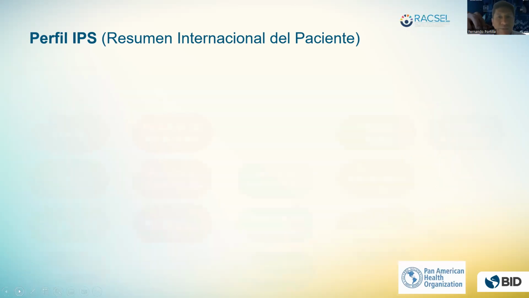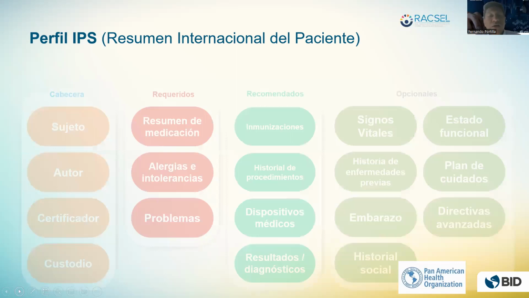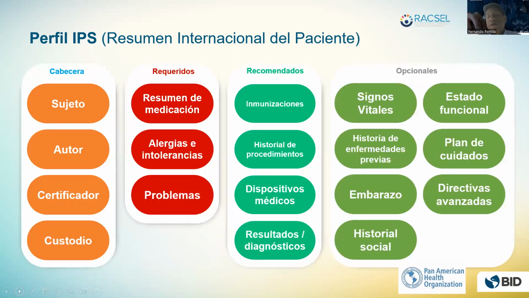And what we're going to be looking into is what are the sections that exist and what are the considerations, and then we can see how this starts mapping out to the FHIR resources. And that is precisely the exercise that we have been looking at with the technical teams: how to create an IPS of our own from our own different countries for our patients.